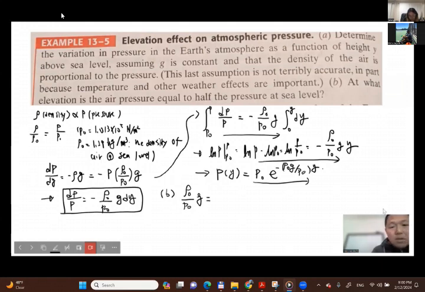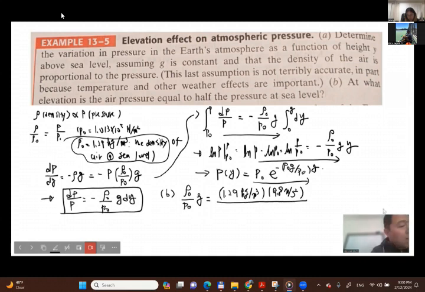So that's rho naught, from that is 1.29 kilogram per cubic meter. Let me just plug it in: 1.29 kilogram per cubic meter times g, which is 9.8 meter per square second.